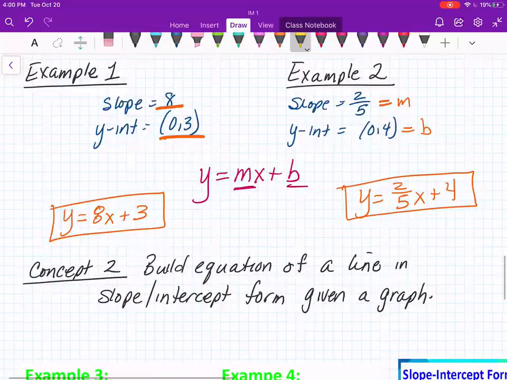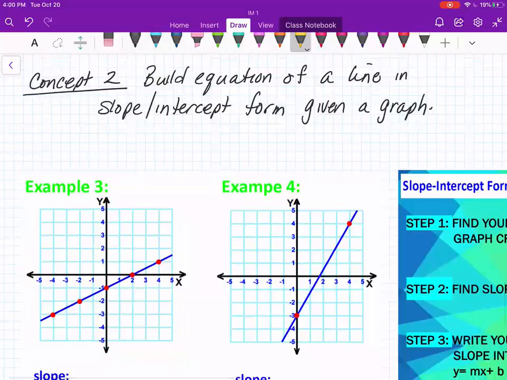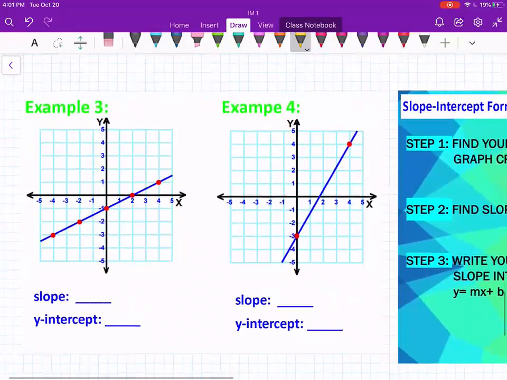Okay, concept 2. Build an equation of a line in slope-intercept form given a graph. Well, this time you need to figure out the y-intercept and the slope by looking at the graph. So let's figure this out here.